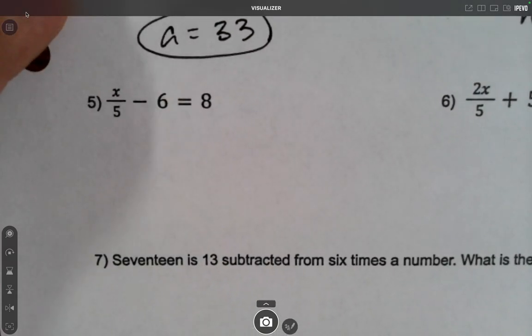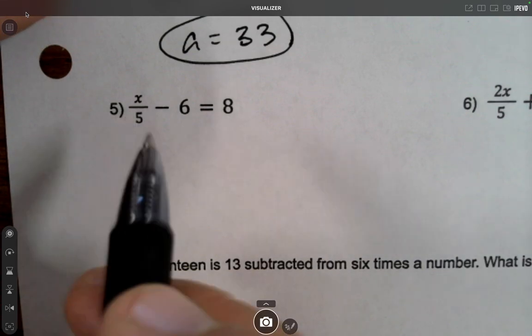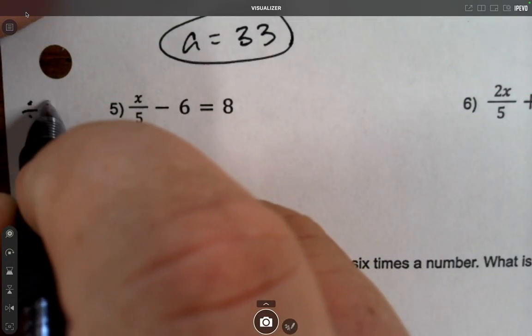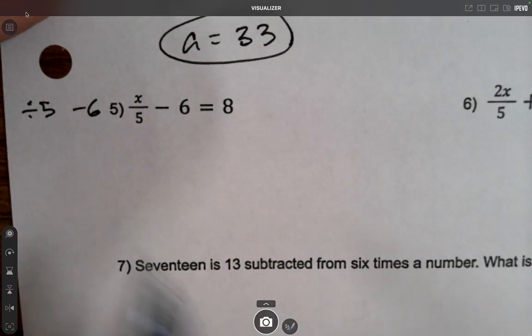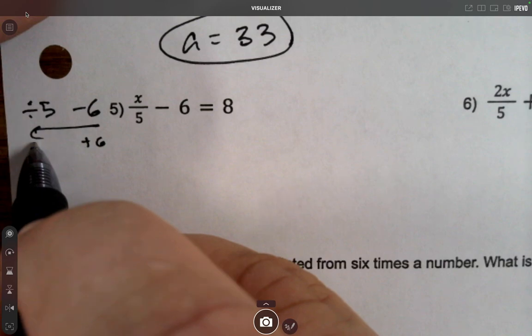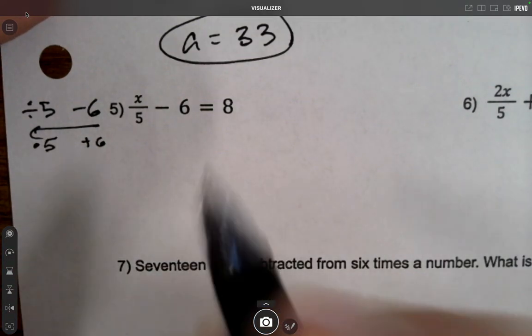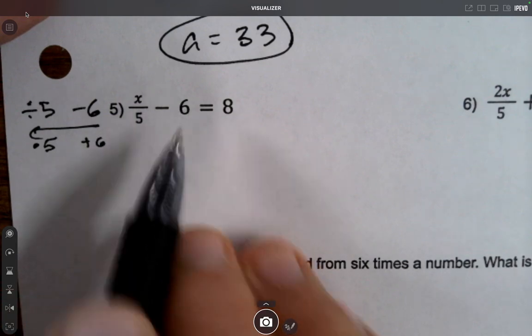Number 5. So on this one, if I were to plug a number into 5, the first thing I would do is divide by 5. The second thing I would do is subtract 6. So to go backwards, I'll add 6 first, then I'll multiply by 5. The 6 is farther away. The x and the 5 are grouped together.